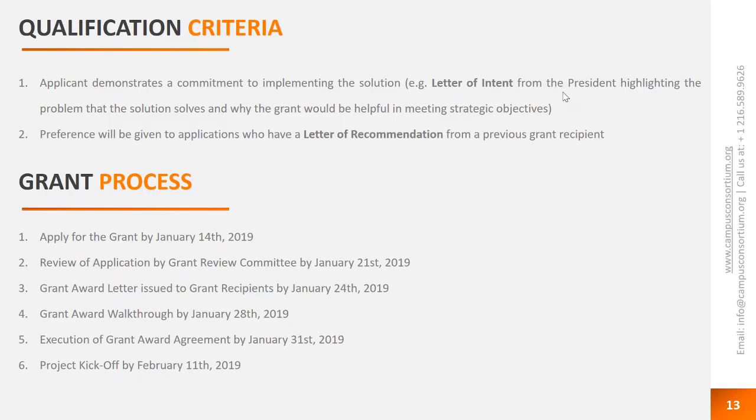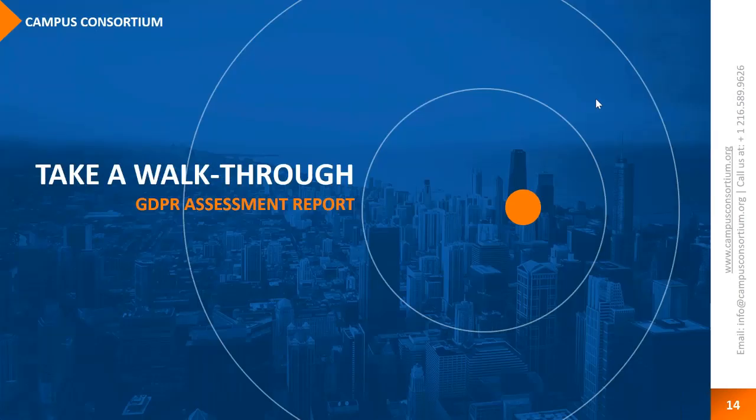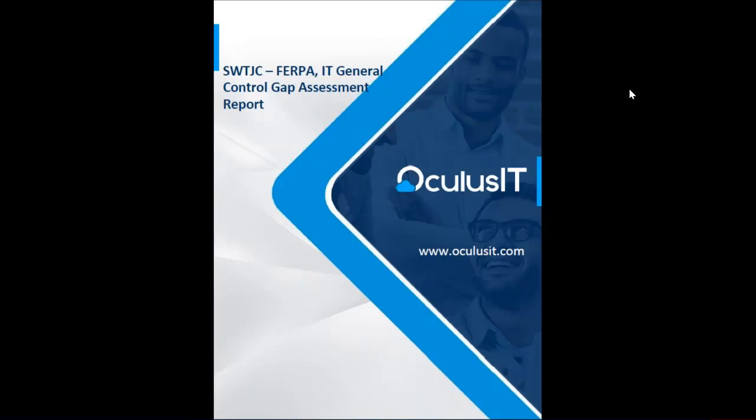I just wanted to quickly give you an example. Typically, your assessment report is going to look something like this as you get the report result. It's a dozen or so pages with the assessment results, kind of like a vulnerability scan for those that are technical and have done vulnerability scans, in terms of assessing where the gaps are.